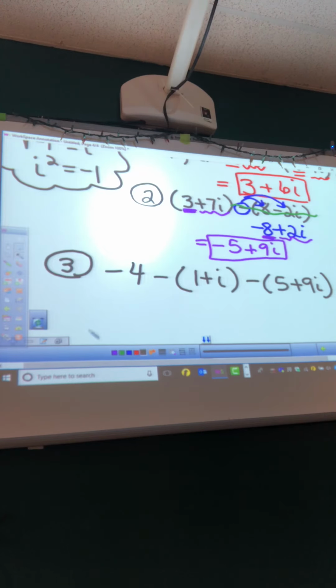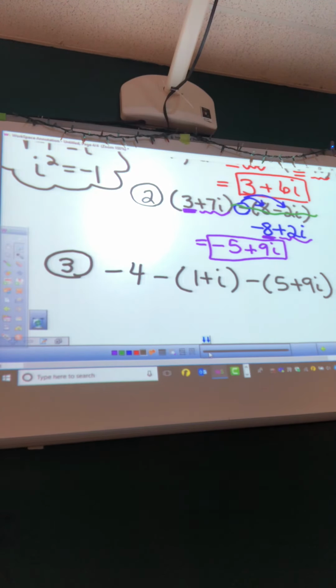Alright, looking at this long line of stuff, I have a real number subtracting a complex number, subtracting another complex number. So just because we're in a complex section doesn't mean we can't have a totally real number or a totally imaginary number with some complex numbers.